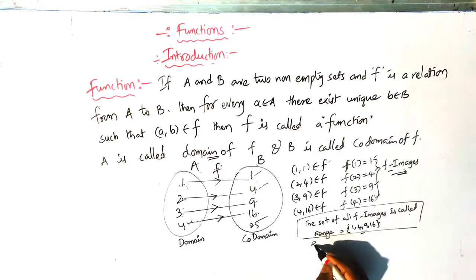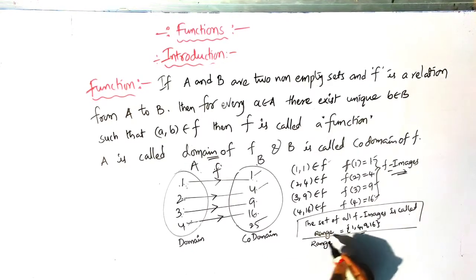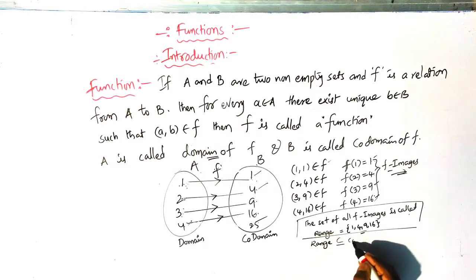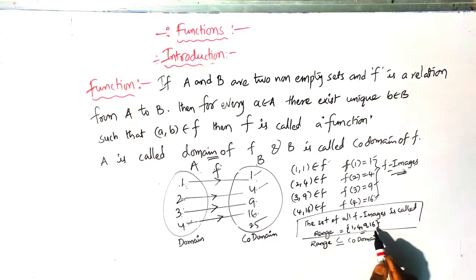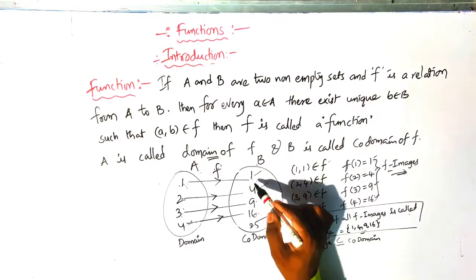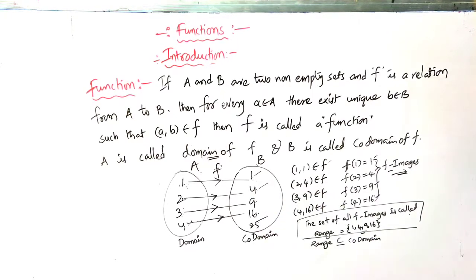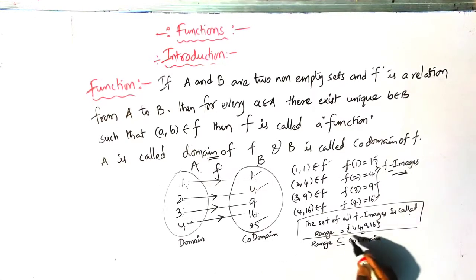So, by using this condition, range is a subset of or equal to codomain. So see here, range elements are 1, 4, 9, 16 and codomain elements are 1, 4, 9, 16, 25. Okay, so range is a subset of or equal to codomain. Clear?